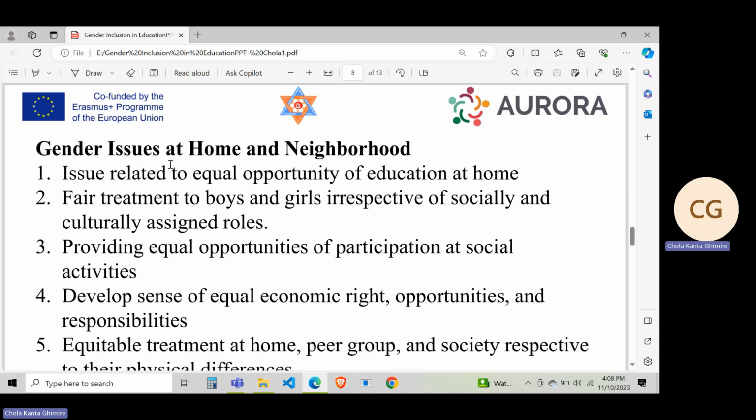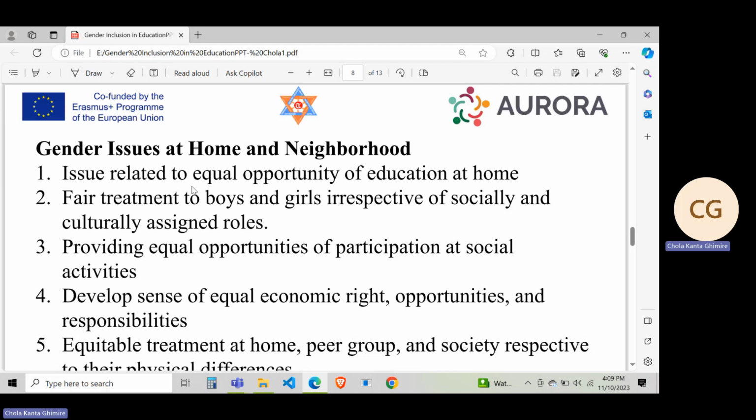If the family provides equal opportunity for girls and boys, there are no differences. However, if there are differences in opportunities in the family, that is a family-related or home-related issue. Similarly, fair treatment to boys and girls irrespective of social and culturally assigned roles: particularly in family and society, there are different roles of boys and girls.